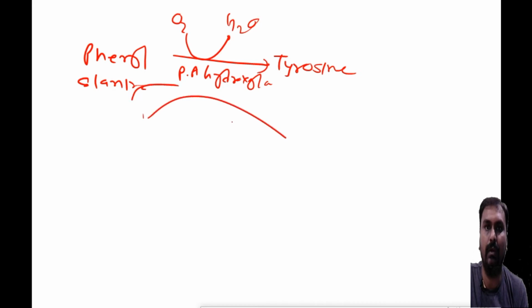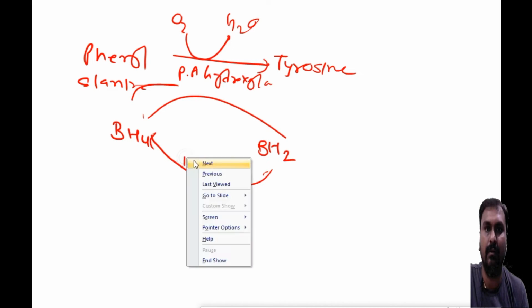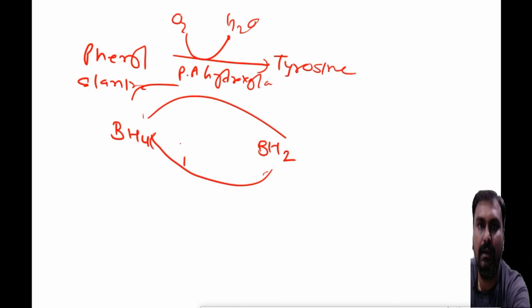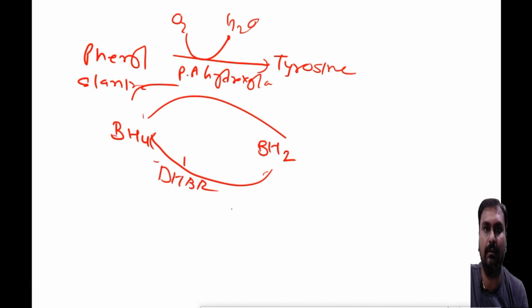It requires a coenzyme called tetrahydrobiopterin. It is converted to dihydrobiopterin, and again converted back to tetrahydrobiopterin with the help of dihydrobiopterin reductase, and it requires NADP.